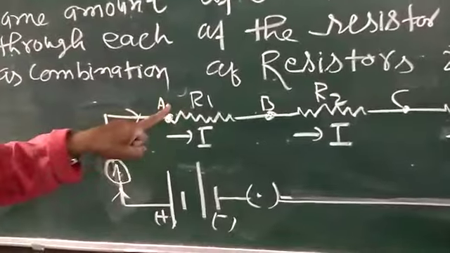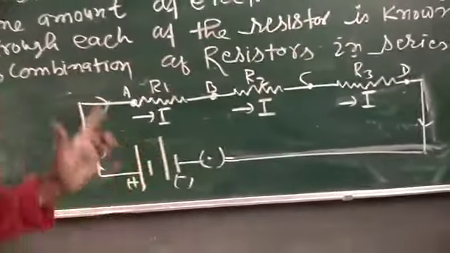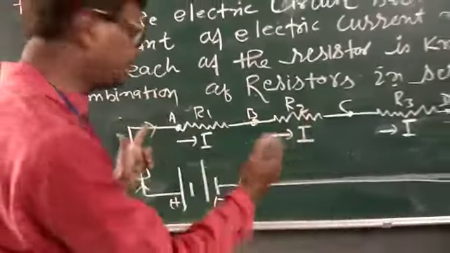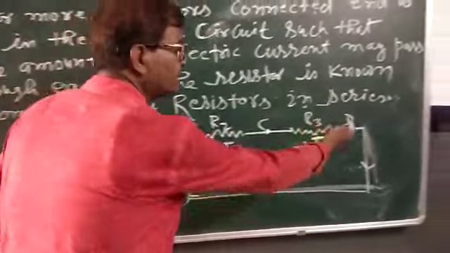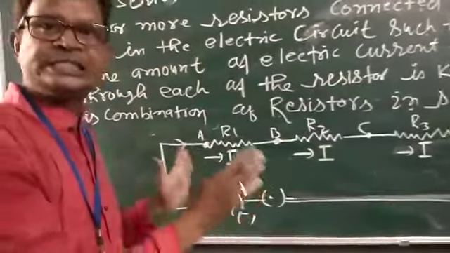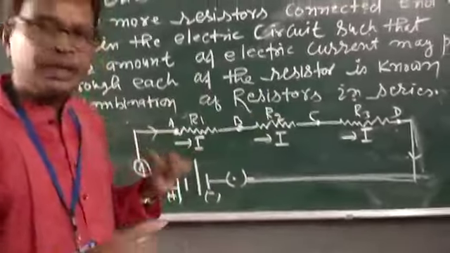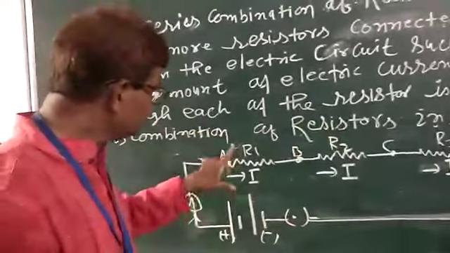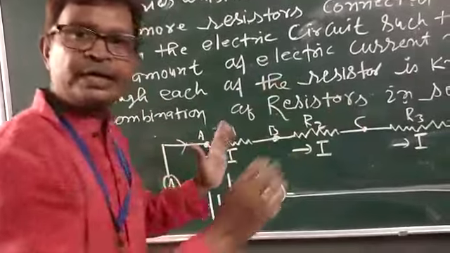Here are three resistors, R1, R2 and R3. These three resistors are connected end to end. B2 connected with C, C2 connected with D. So these connections are said to be end to end connection. In this electric circuit, these three resistors R1, R2 and R3 are connected end to end.